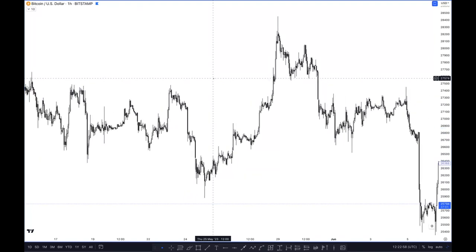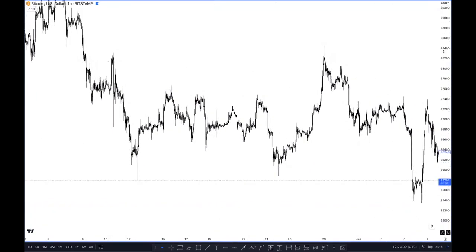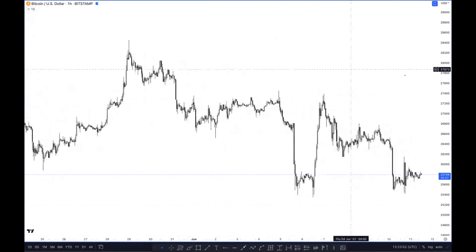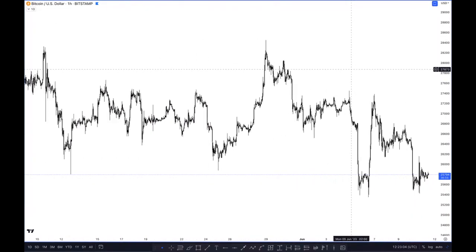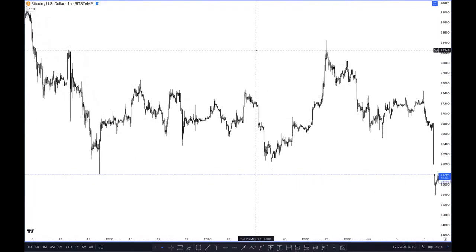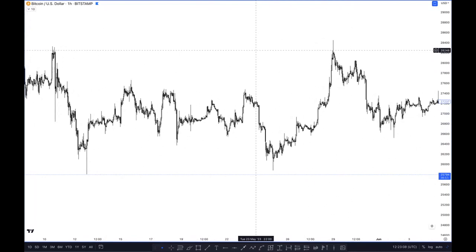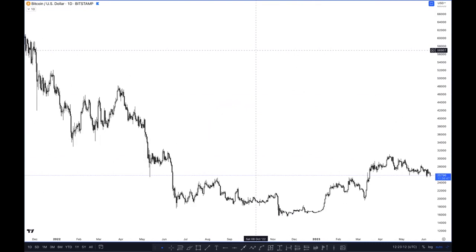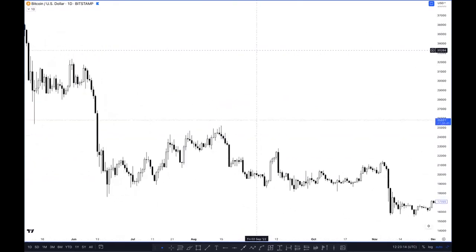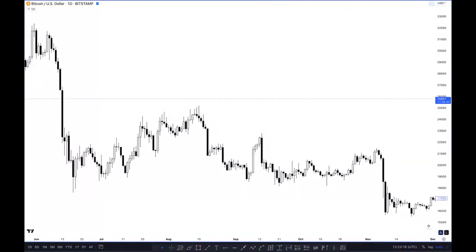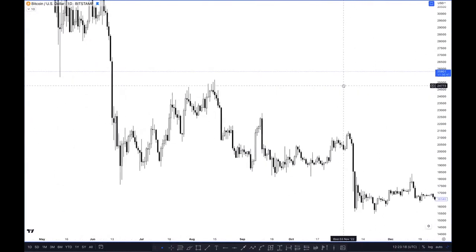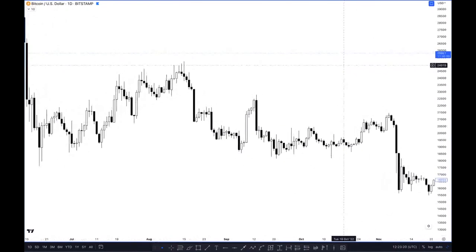All right, I'll do some fib wizardry with the concept of ranges next and talk a little bit about that. Then I'll answer some questions. Find a nice area where we had a range. That's a pretty good range there.